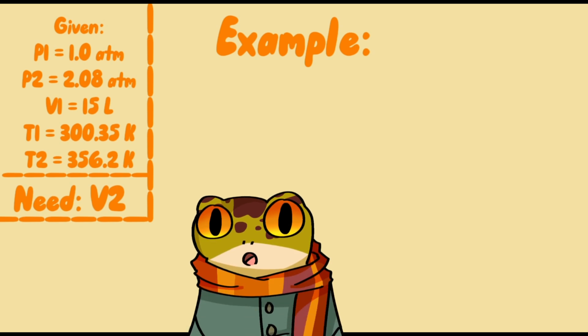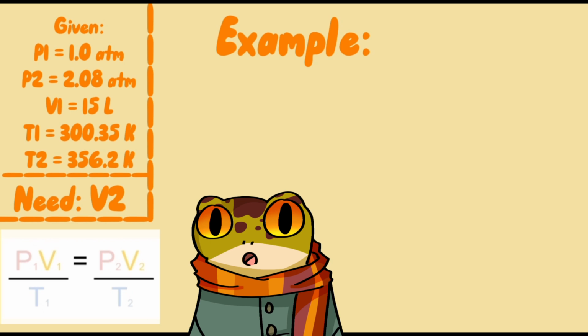After establishing our givens and our needs, now we're going to look at what equation we're using. Since this is a combined gas law example, this would be the combined gas law formula, which is P1 times V1 divided by T1 equals P2 times V2 divided by T2.